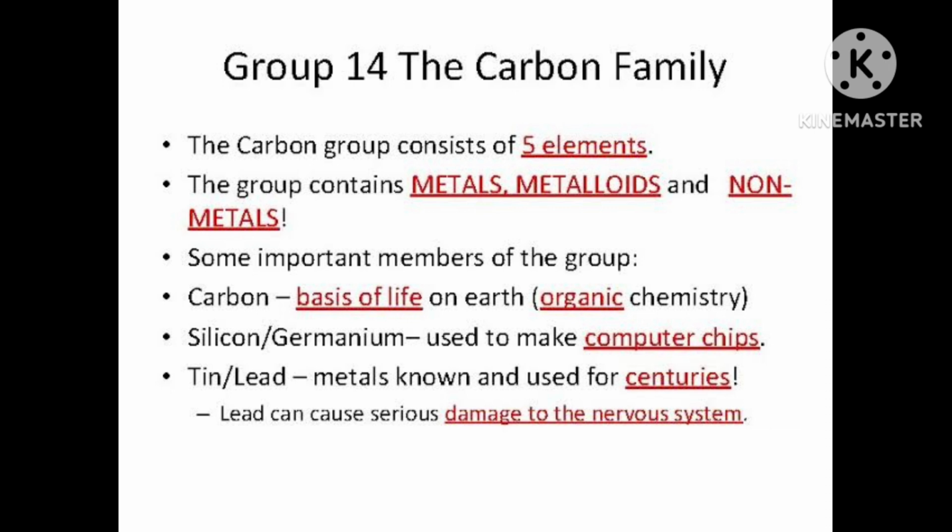Third, used as semiconductor: I already told you, silicon and germanium. This type of question was asked.